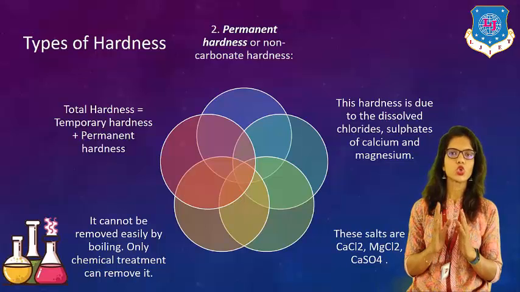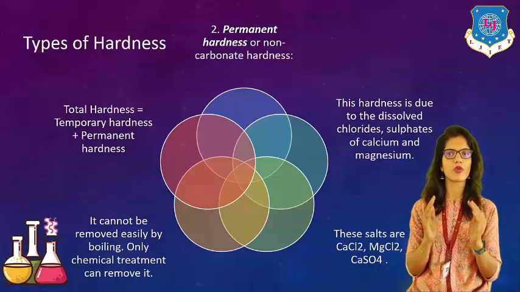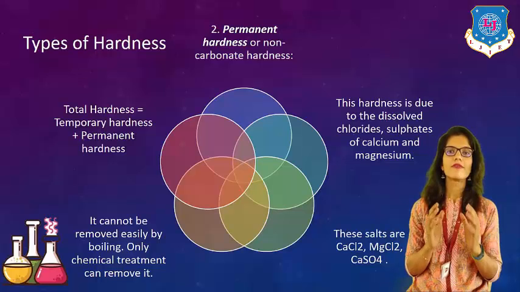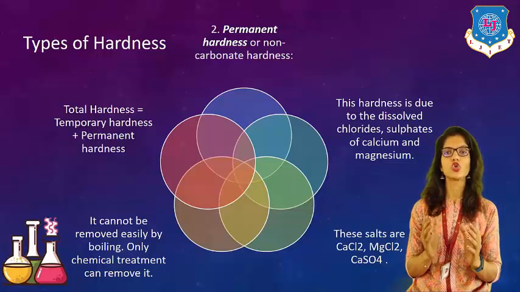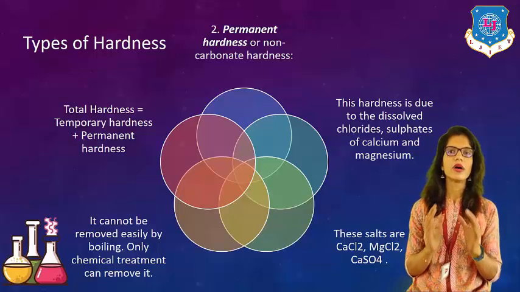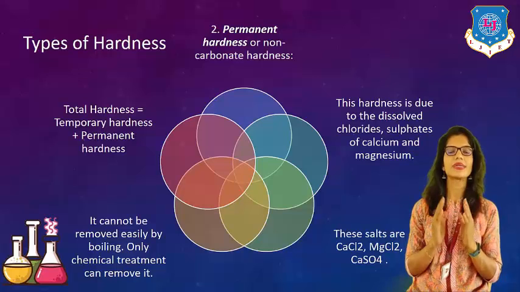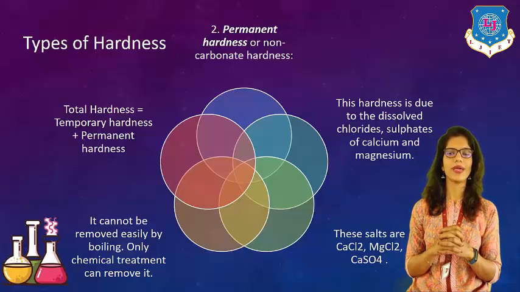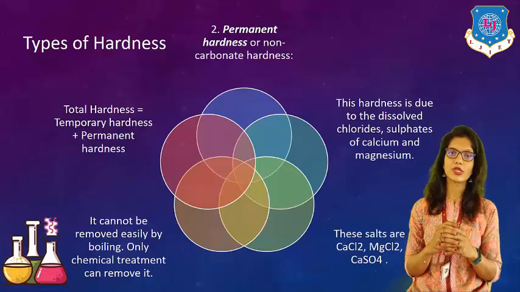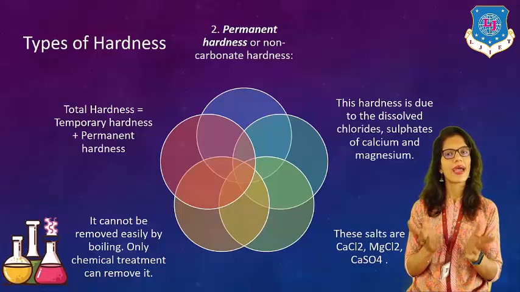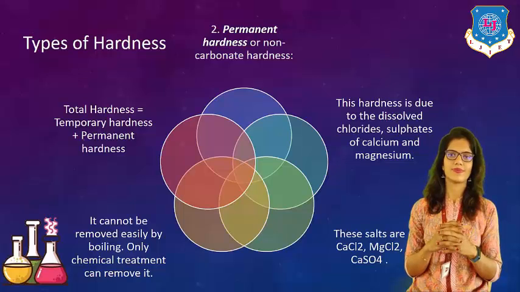We know that two positively charged ions are responsible for all of these things: number 1, calcium, number 2, magnesium. Chlorides and sulfates of calcium and magnesium actually cause the problem which is known as permanent hardness. The salts which can cause permanent hardness are CaCl2, MgCl2, CaSO4, MgSO4, etc.